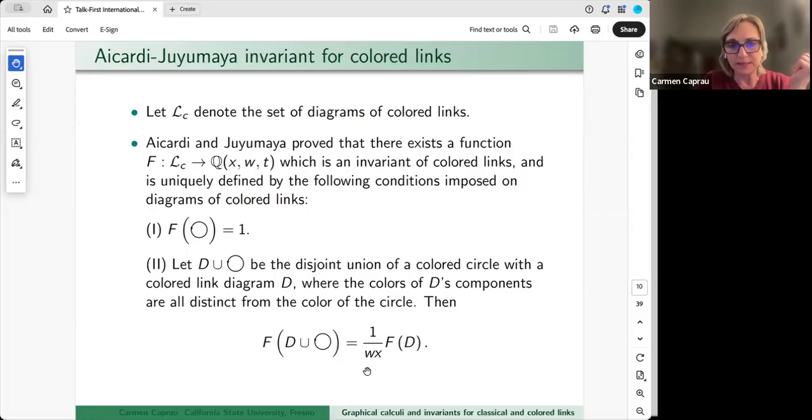So we have this equality for this type of case, for this type of split link.